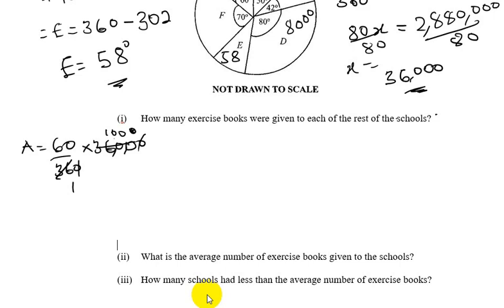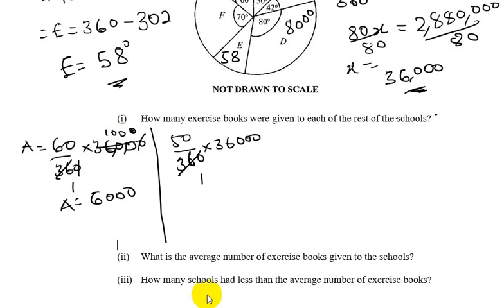So 100 times 60 will give us 6,000. So school A has 6,000 books. Now school B is 50, right? So 50 on 360 times 36,000. So 36 goes here 1, it goes here 100. So school B also had what? 5,000. Okay, so we'll keep moving like that.